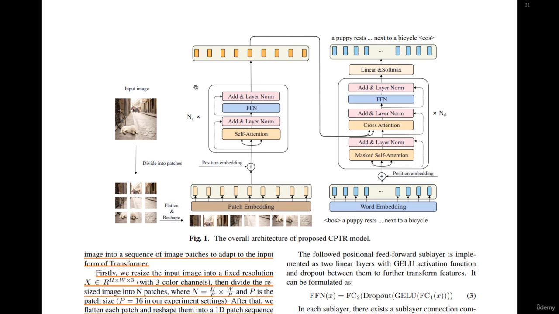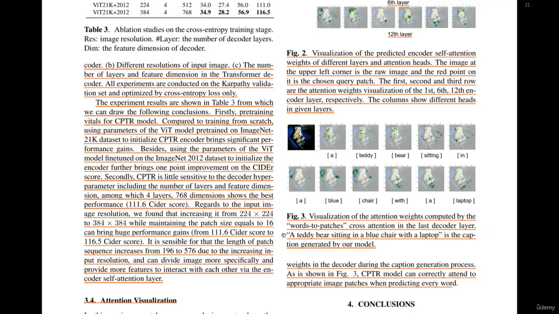Now, after pre-training this model on an image classification task, we then use these pre-trained weights as some sort of initialization for the encoder to now permit us to train our model end to end.